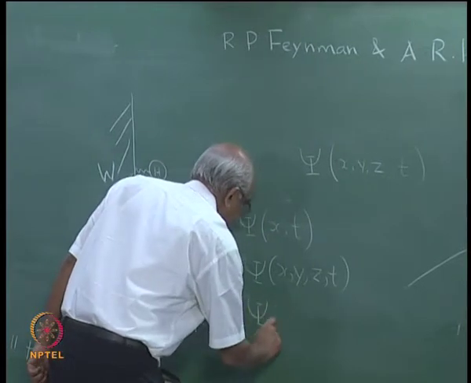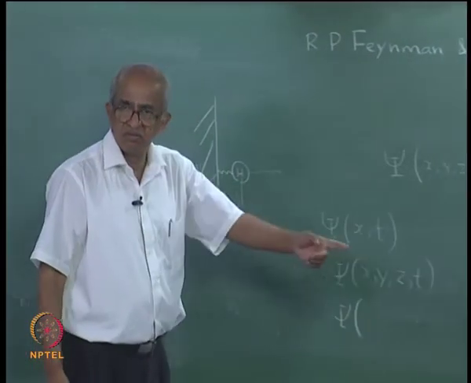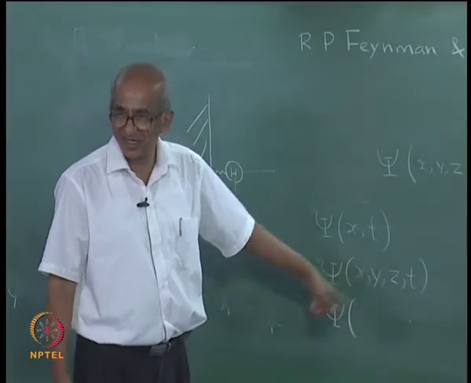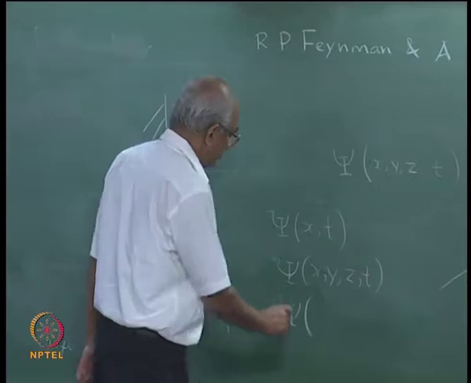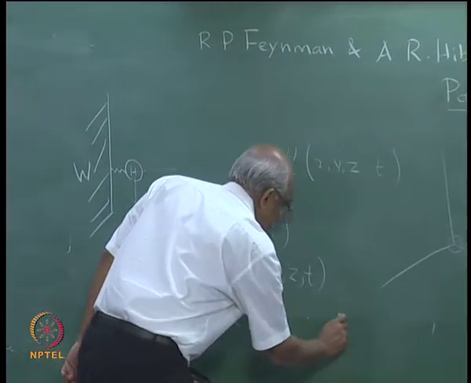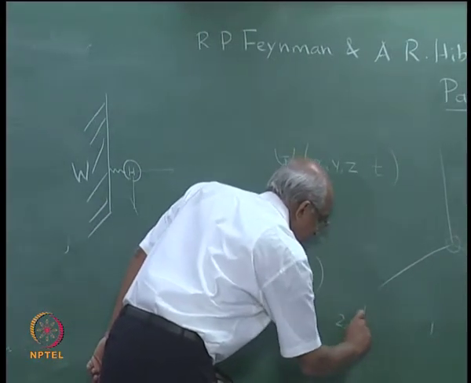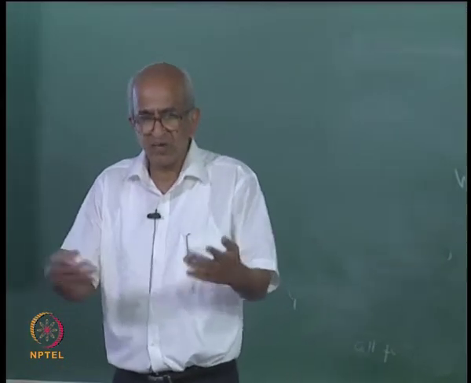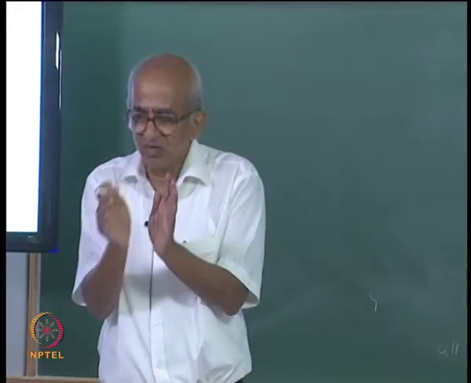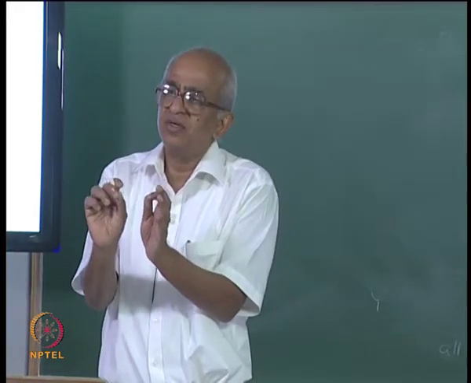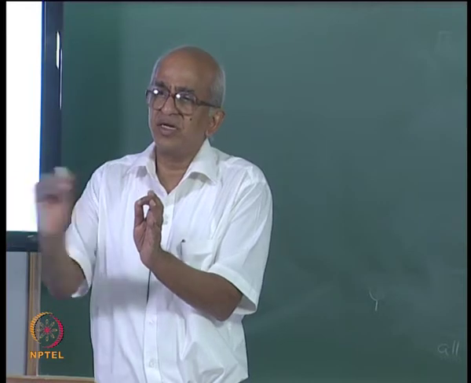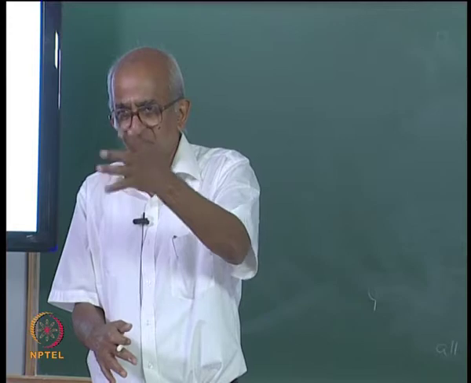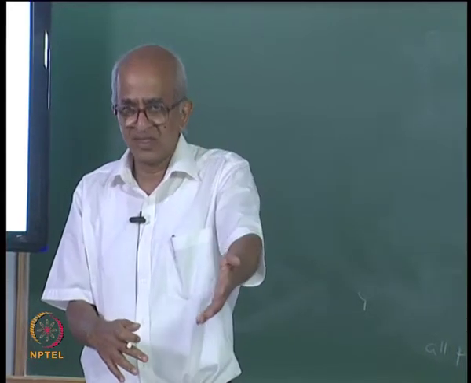Psi of x1, y1, z1, I am lazy, I do not want to write the whole thing, x2, y2, z2 finally, and then it depends upon time. So, this is how it is. Depending upon the situation, your wave function will be a function of as many position coordinates as you need and the time. The number of position coordinates will depend upon what you think of as your system.